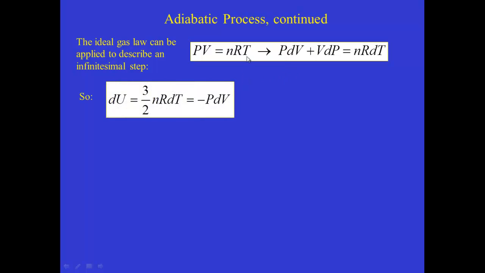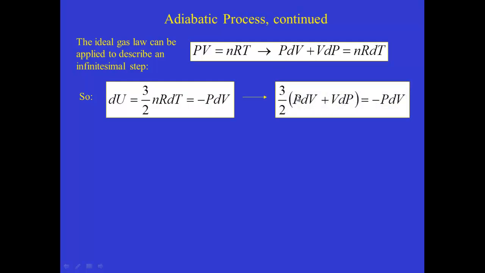Now, what we now do is take the equation from the previous slide, dU, which is 3/2 nR dT, that's equal to minus PdV, and compare it to this equation up here. And what we notice is that this nR dT term appears in both equations. So we're going to replace nR dT in the bottom equation with the sum of the two terms in the top equation.